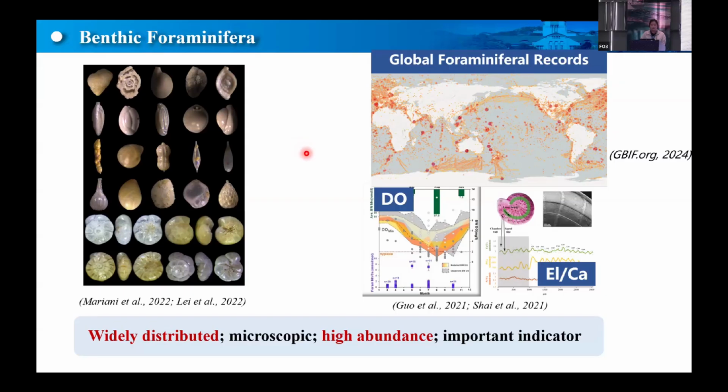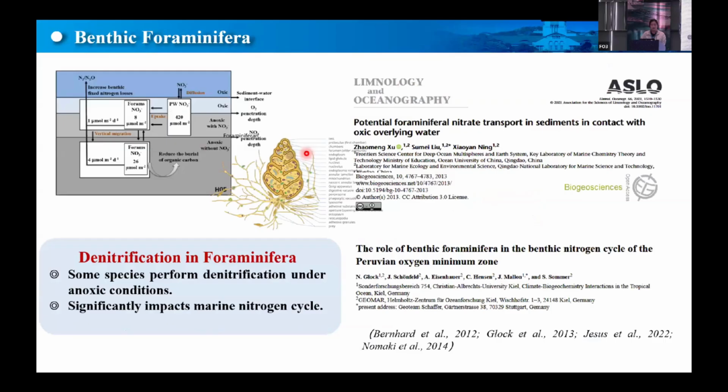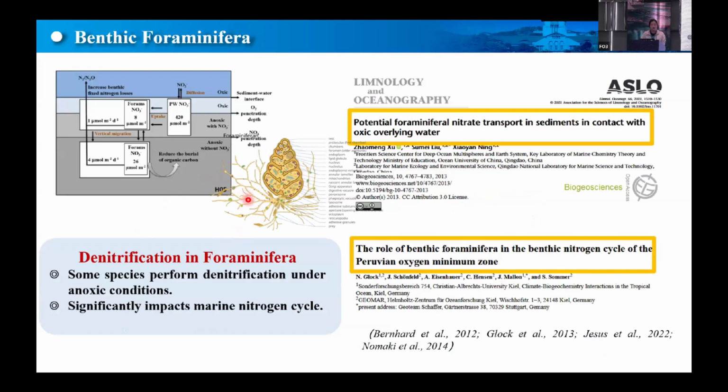They are actively involved in what's happening now. For example, studies have shown some species can perform denitrification under anoxic conditions, and this significantly impacts the marine nitrogen cycle. This makes us wonder: if foraminifera can do something with nitrogen, are they an important part of the phosphorus cycle?